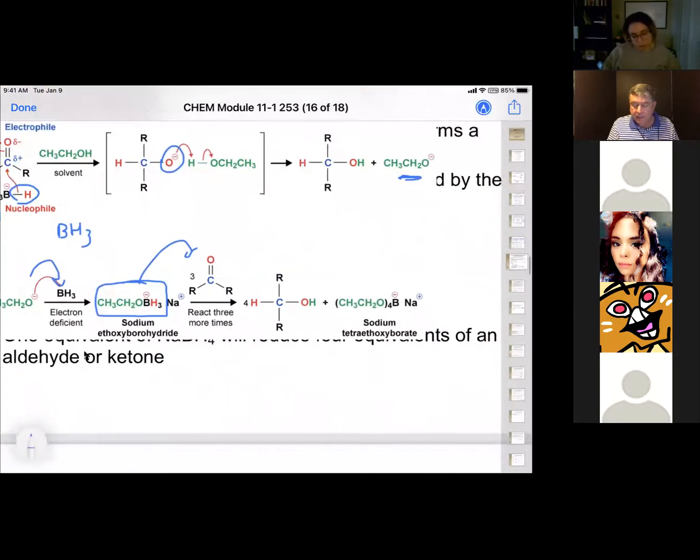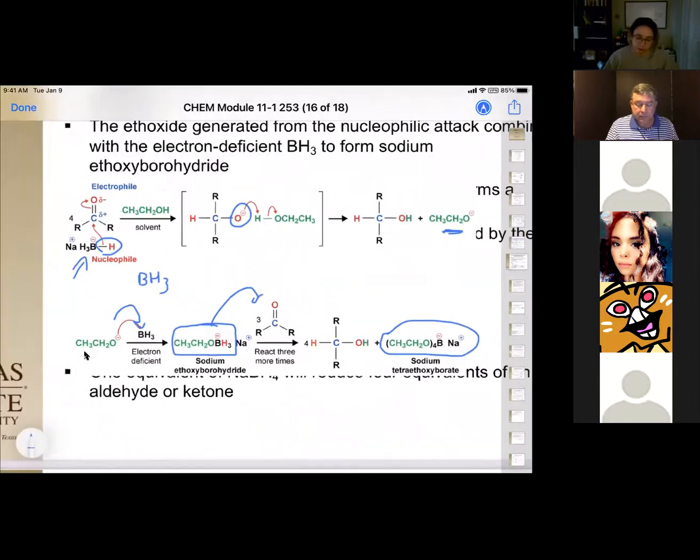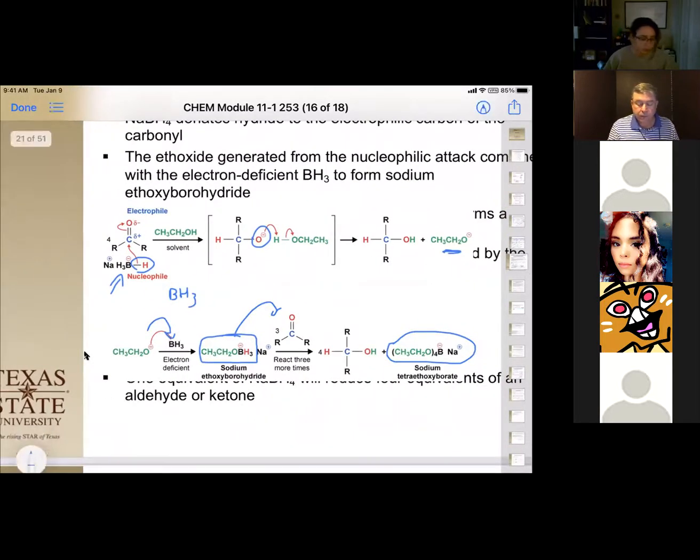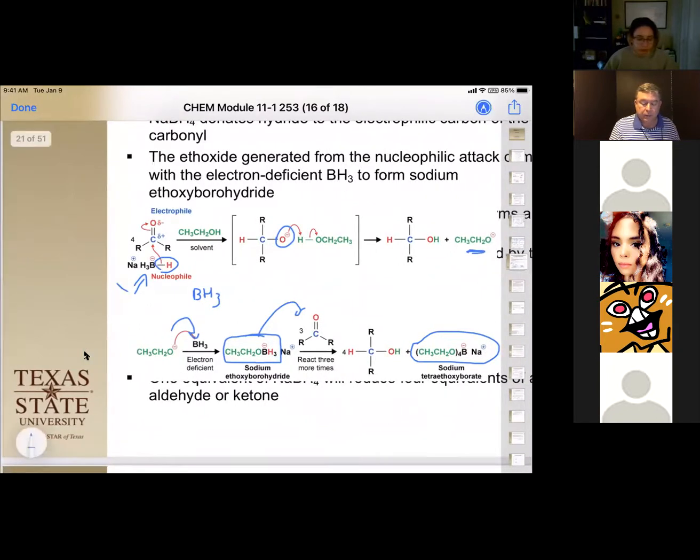And at the end of the reaction, we now have the tetra alcohol salt of the boron, and it's counterbalanced by the sodium ion. Okay, so that's a good thing to know, is that we only need to use, for every 1 equivalent of sodium borohydride or lithium aluminum hydride, we can use 4 equivalents of the carbonyl containing compound, because it'll transfer all 4 of those hydrogens off the boron.